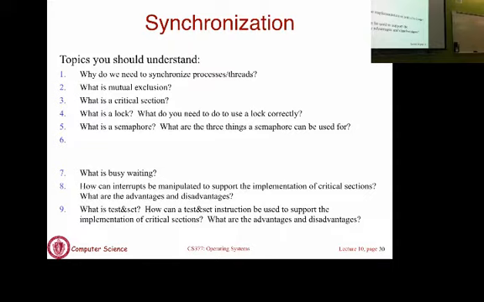And then the last use of semaphores was to implement what we call scheduling constraints. In this case, the semaphore is initialized to 0. This causes some process or thread to block. Another process can wake it up using signal. We looked at the producer and consumer problem, and we said if the consumer runs first and there's nothing to consume, it blocks on a semaphore. When the producer runs and produces the data item, it will unblock the consumer.